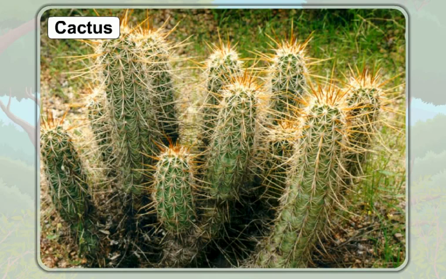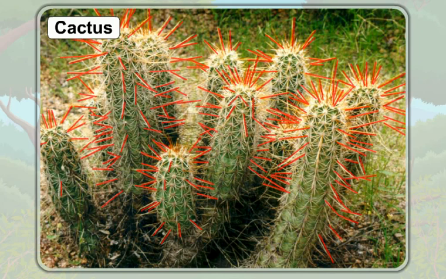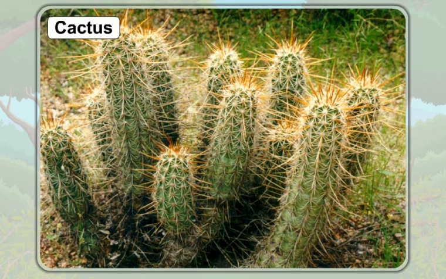Have a look at the cactus. It does not have any leaves. But it has many thorns instead. These thorns help the cactus plant to save water.